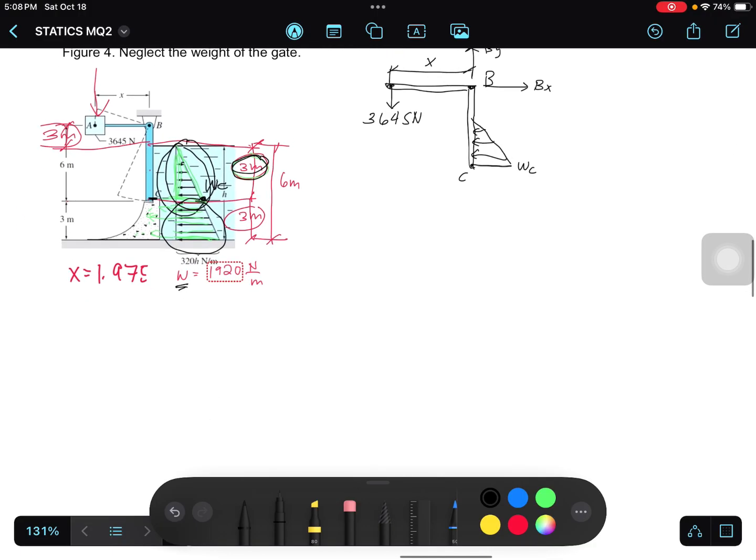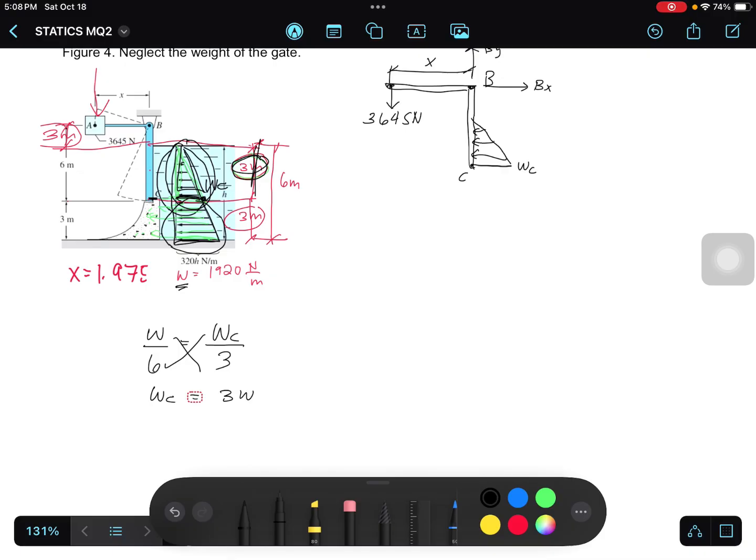By ratio and proportion. So, meron tayong big triangle, meron tayong small triangle. Big triangle is, yung base niya si W, and then, that is for the height na 6 meters. And then, proportion siya dun sa small triangle, kung saan ang base ng small triangle is WC, and kung saan ang height niya is 3 meters. So, let's get WC.